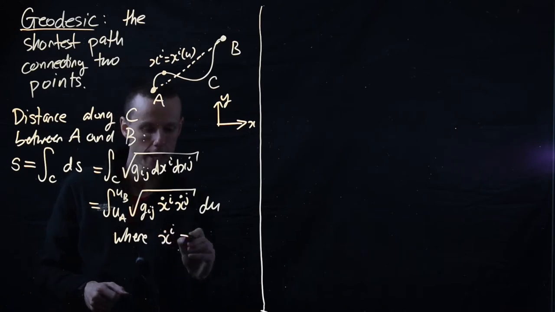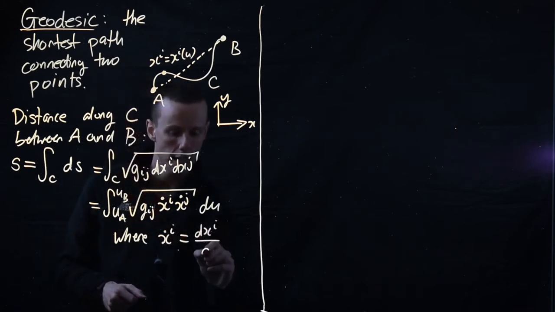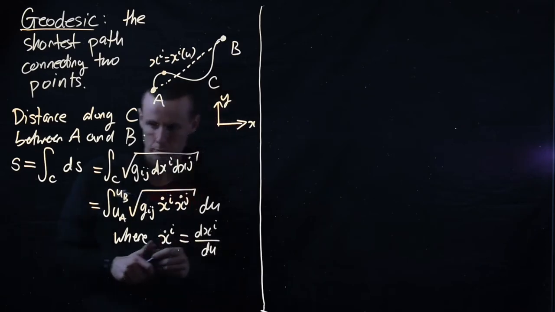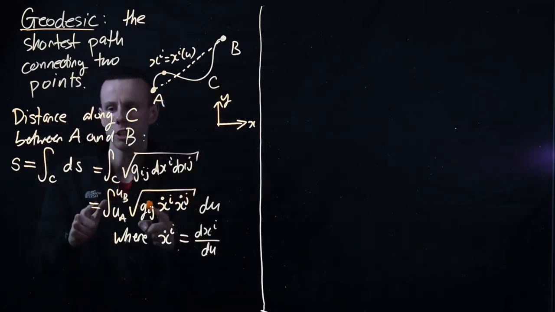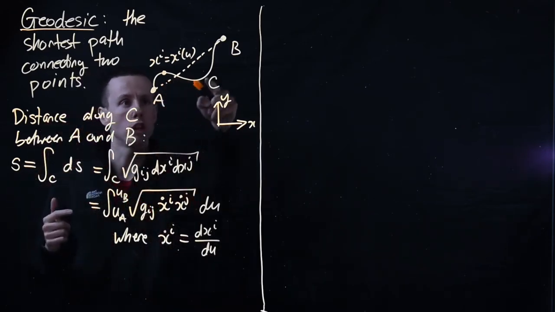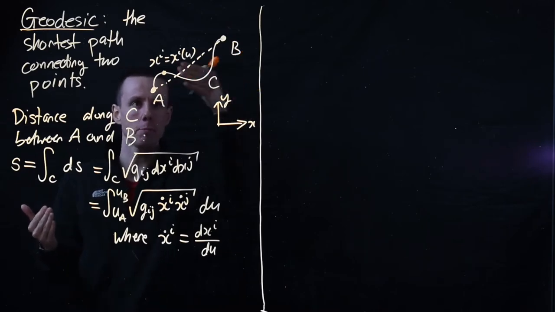So x-dot^i just means dx^i/du. So that is how you calculate the distance along a general path C between A and B.